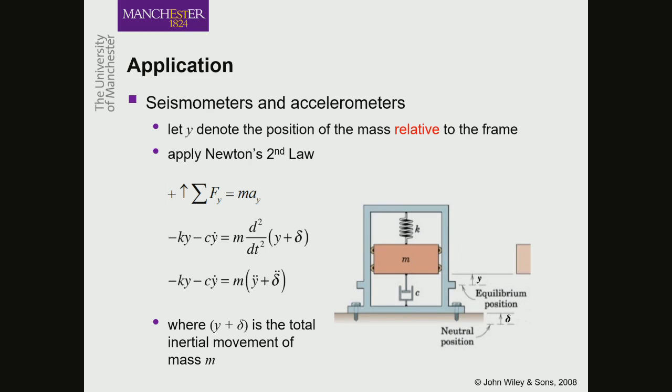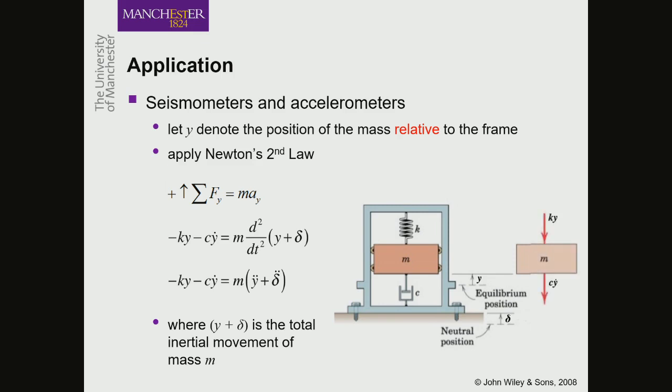Therefore the only complex thing you need to think about here is the displacement. It should be delta plus y. As written here, y plus delta is the total inertial motion of the mass. So this is the free body diagram.